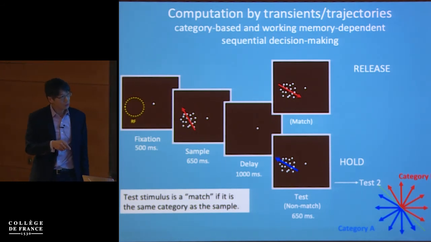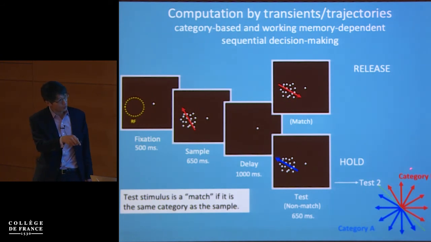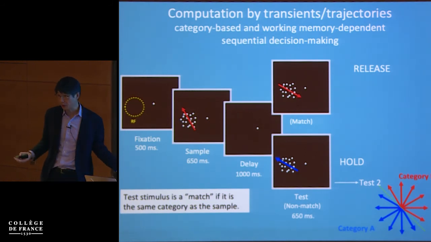So you can't really do that just based on feature similarity, right? So for example, if your sample is here, your test is here, the similarity is very low for the 2, but they belong to the same category. On the other hand, if sample is here and test is here, actually they're very similar in feature, but they belong to different categories.